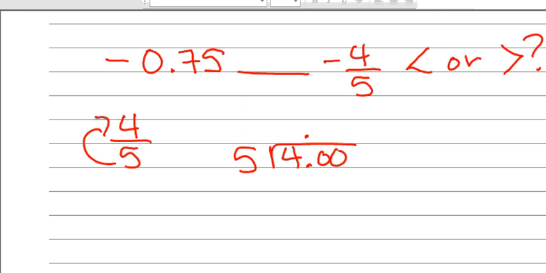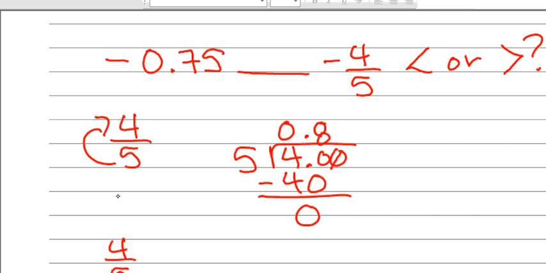Does 5 go into 4? No, too big. Does 5 go into 40? It does, 8 times. So I really don't need that 0. So 5 times 8 is 40. So 4/5 is 0.8 as a decimal.